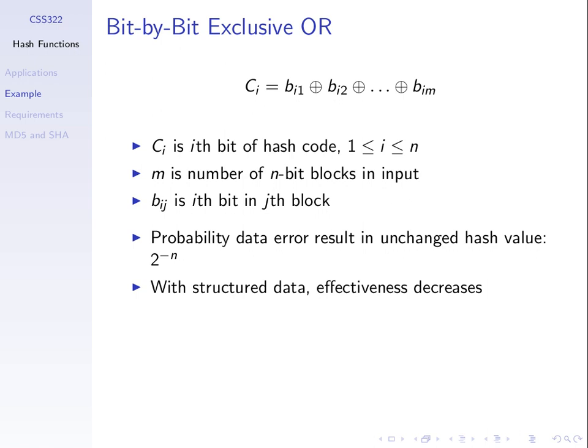Bij is the ith bit in the jth block. Say i equals 1. C1 equals B11. If i equals 1, look at this equation, then C1 equals B11 XOR with B12 XOR up to B14.